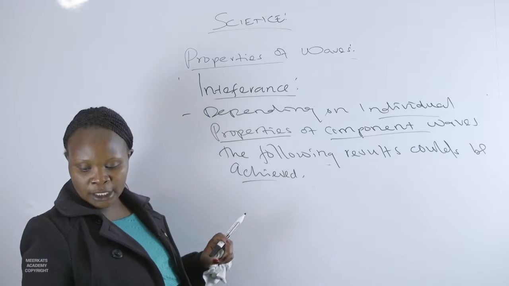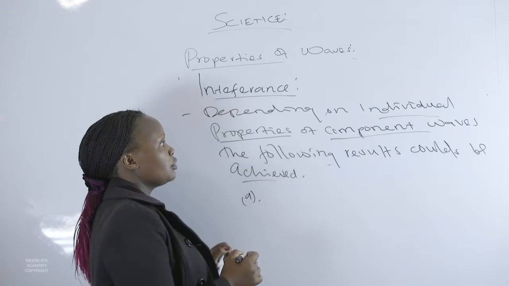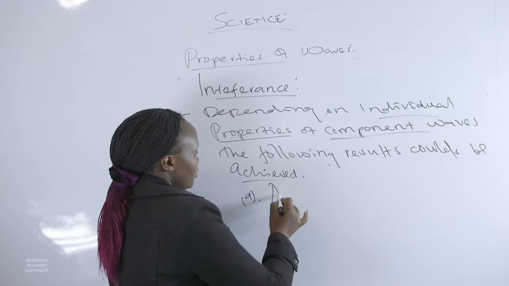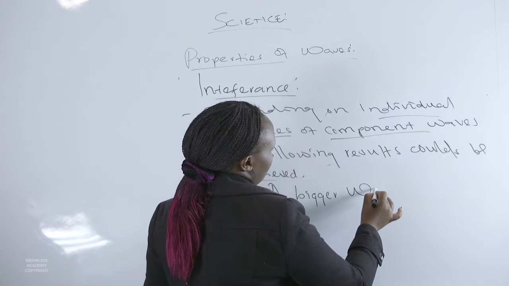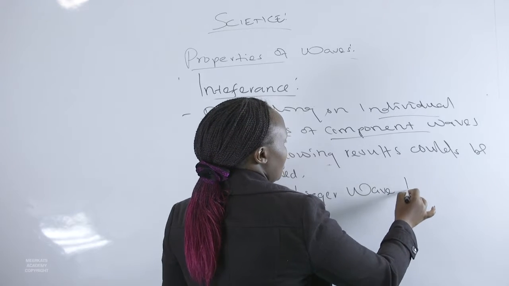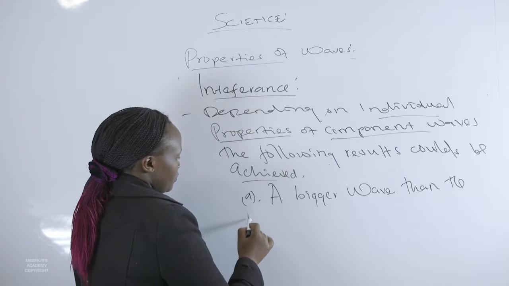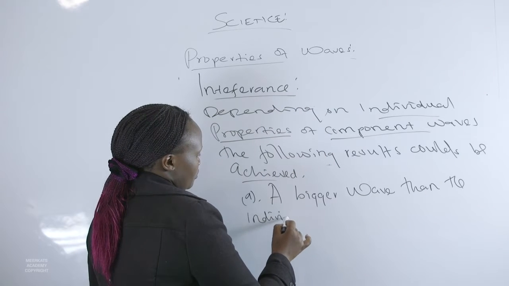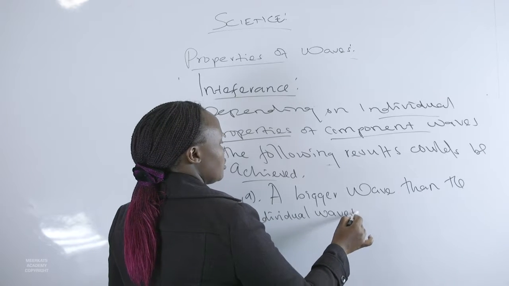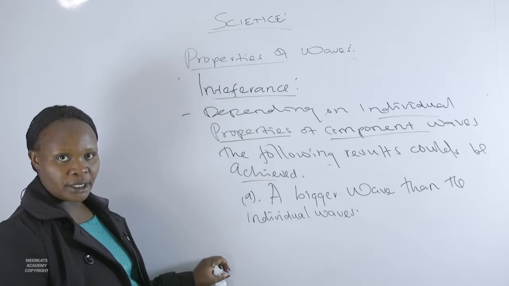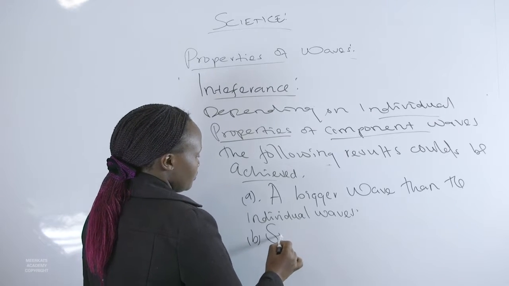Now, here are the results. Number one, you could have a bigger wave than the individual waves. The resultant wave could be bigger. It could also be smaller.